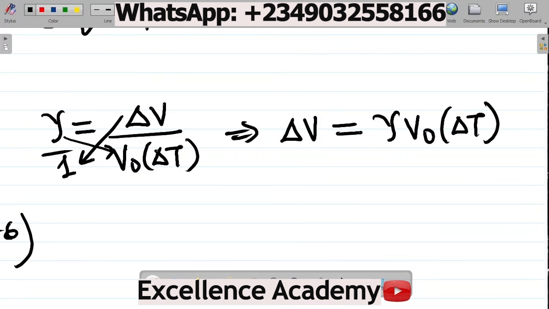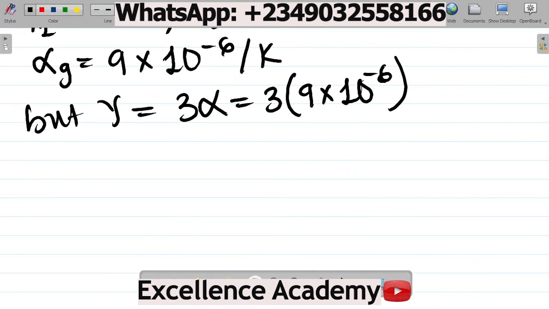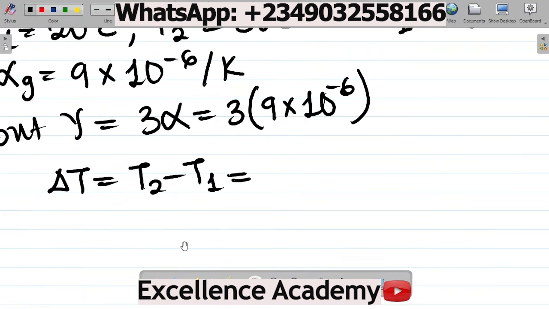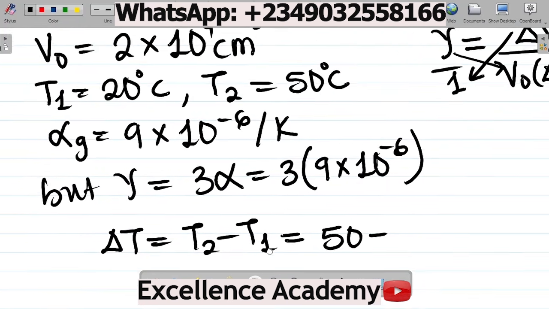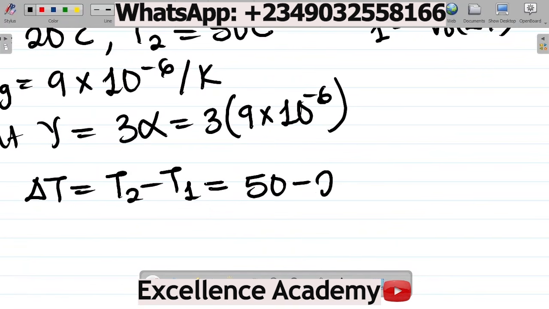Again, recall that change in temperature delta T is equal to T2 minus T1, where T2 is 50 degrees Celsius minus T1, that's 20 degrees Celsius. 50 minus 20 is 30 degrees Celsius.